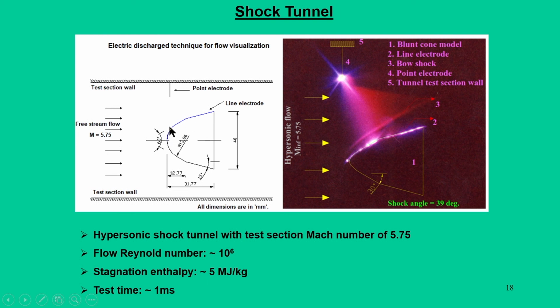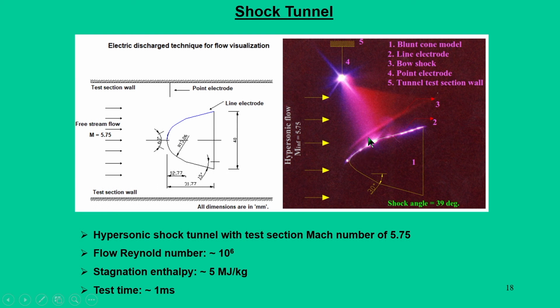We have a blunt body, and an electric discharge based technique was introduced, in which there is a line electrode and there is a point electrode, and there is a Mach 5.75 flow approaching this model. Now, when we create a very high discharge between this point and line electrode, we are basically discharging the gas through a glow.